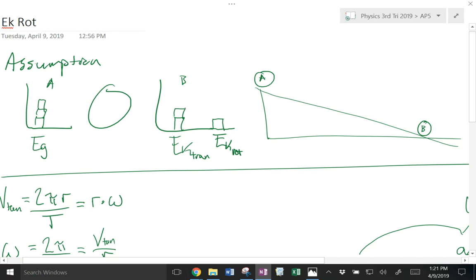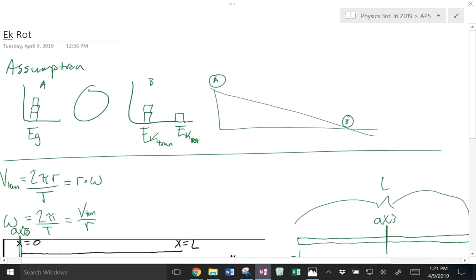Okay, so then I would say mg delta y A equals, actually let me write this out differently here.